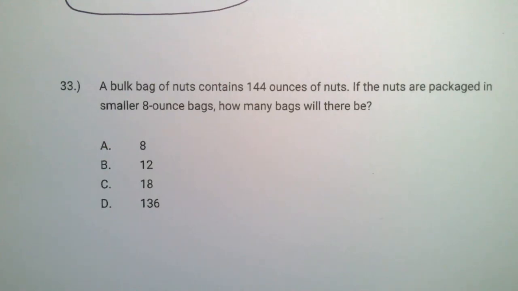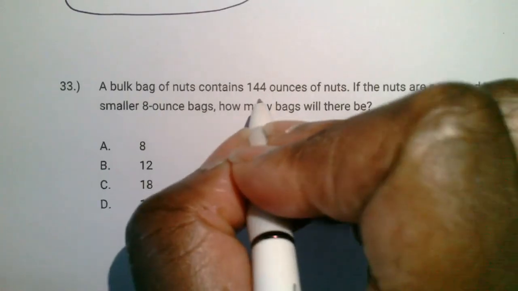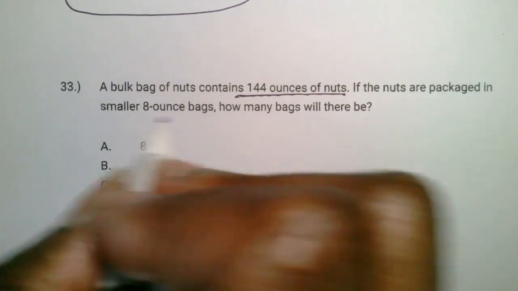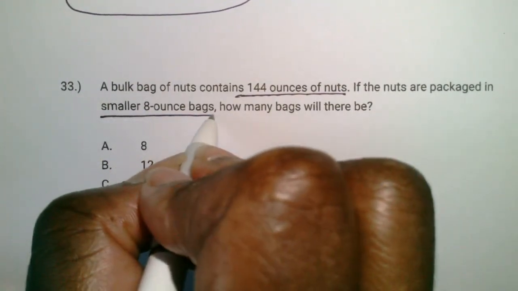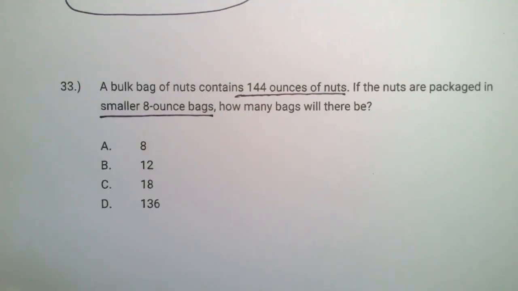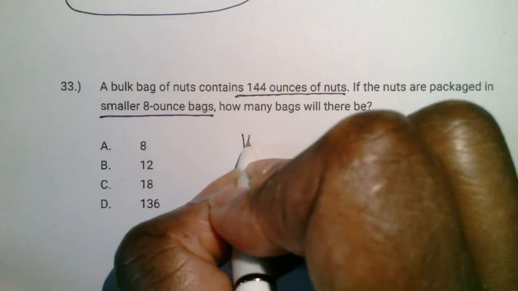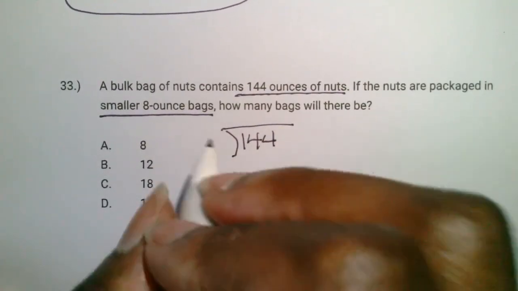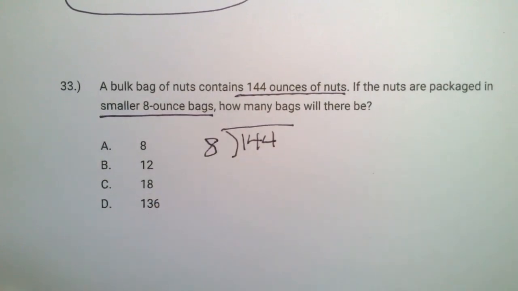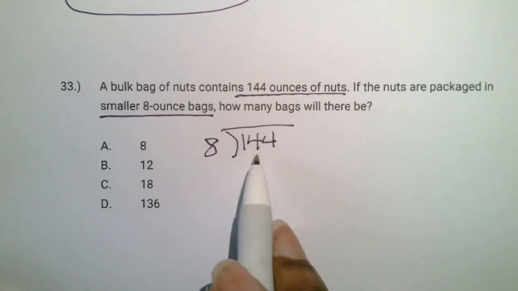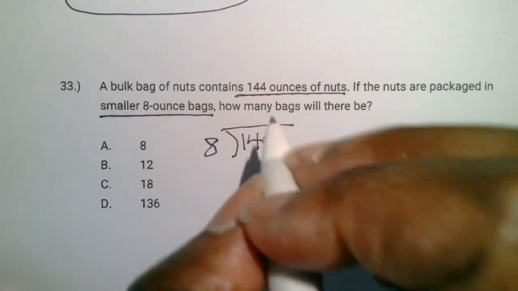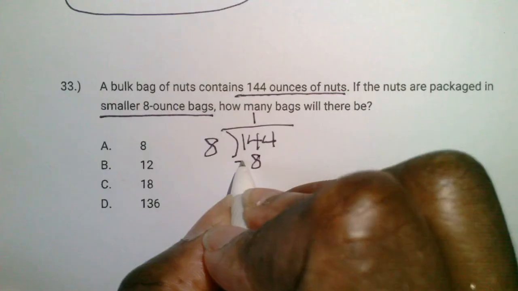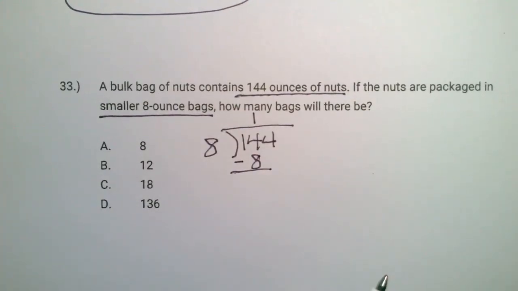All right. So if we have 144 ounces of nuts, and we're going to put them in smaller bags, that means we're doing what? Division. So we have our total, and we're dividing them into 8 ounces. How many 8s can go into 14? Just the 1, because if we say 2, that would be 16, and that would be way too much.